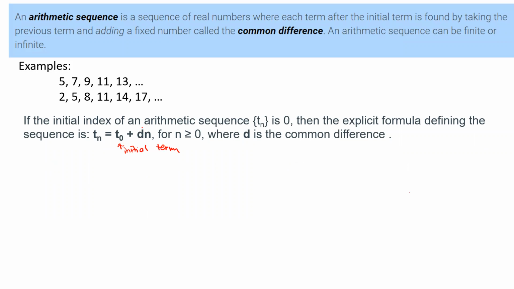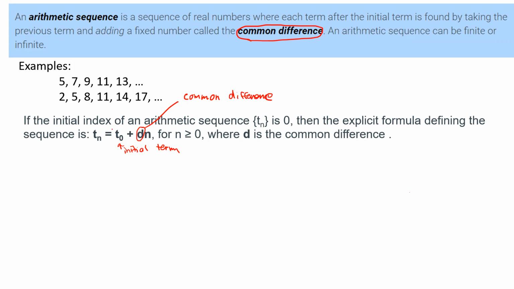And then the D represents what's being added to each term to get the next one. That's called the common difference. That takes the place of what the common ratio was.